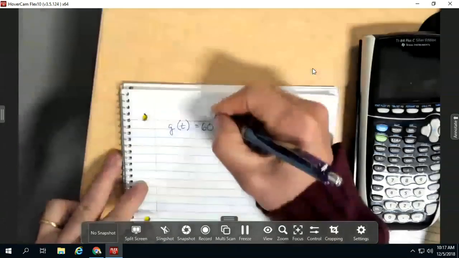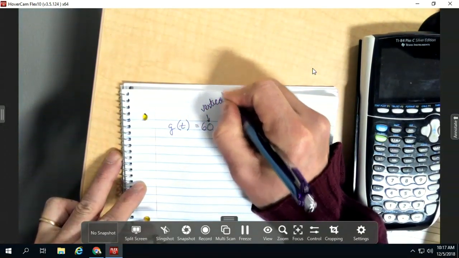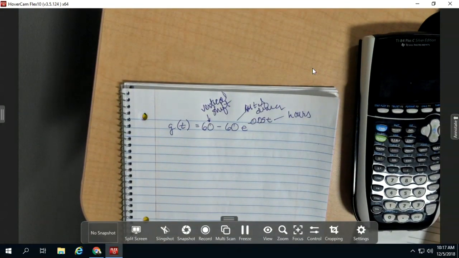This number here is the vertical shift. How much drug does the person have in his bloodstream at the beginning?